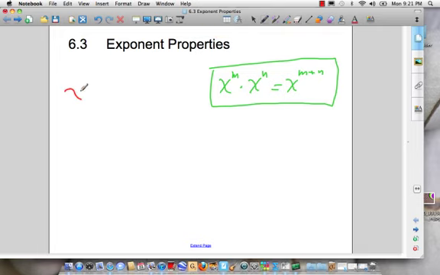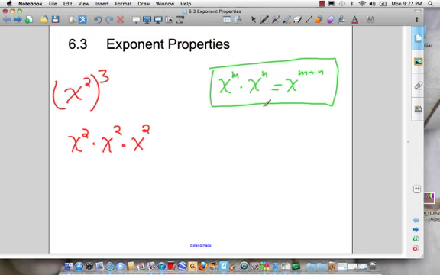Let me write this neatly, x squared raised to the 3rd power. So let's think about what that means. Well, you're cubing x squared. So it's x squared multiplied by itself 3 times.